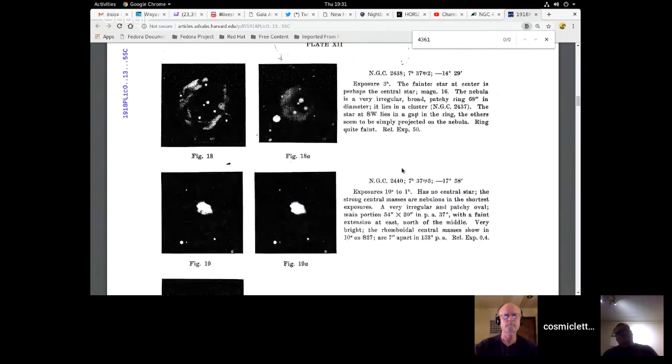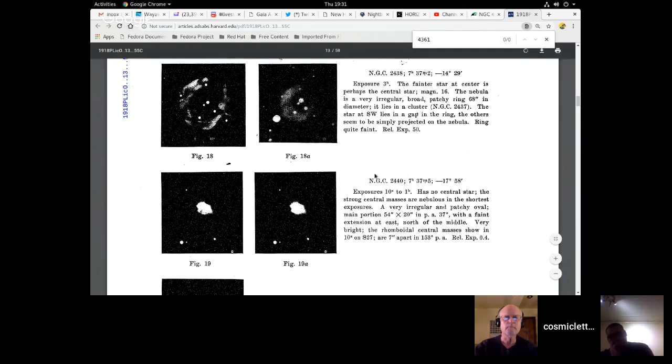Well, for the time, these were probably really great photographs, but I gotta say, not too great. Now, the tracking is really good, right? We got nice round stars and everything, but that's kind of yucky looking.